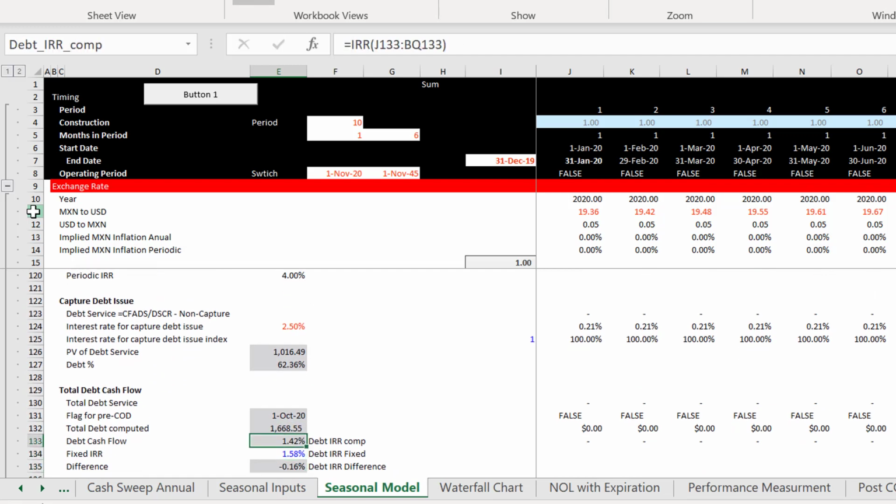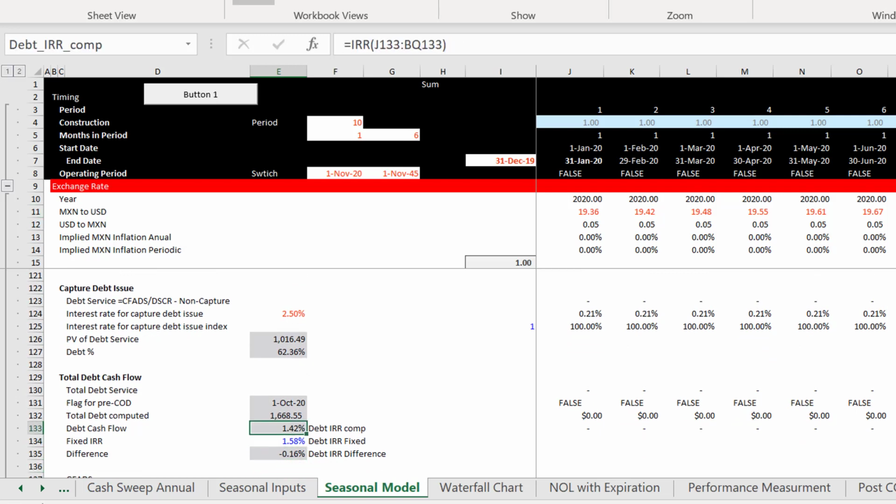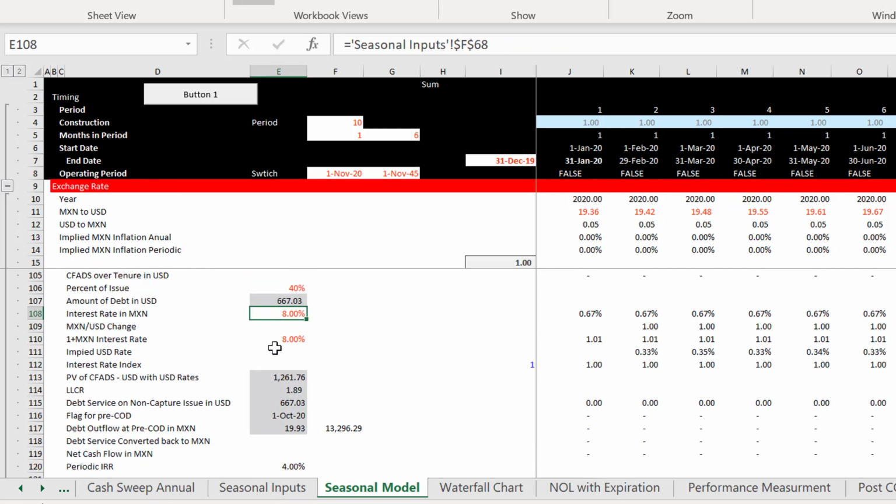Then we have a difference, and a little circular reference resolve to put that difference to 0. And now we get exactly 60% for the capture issue, exactly 40%.